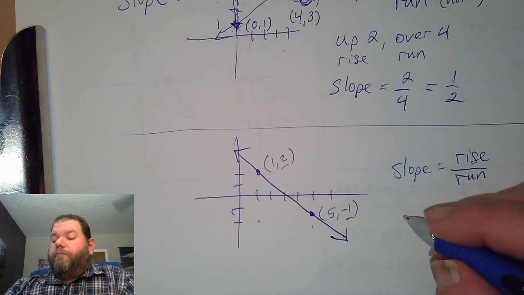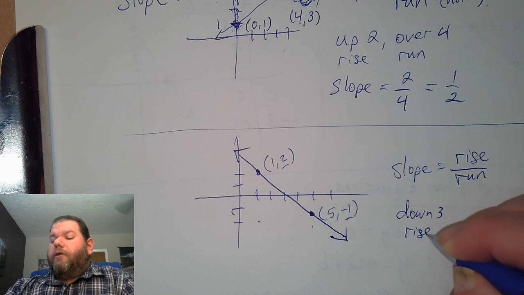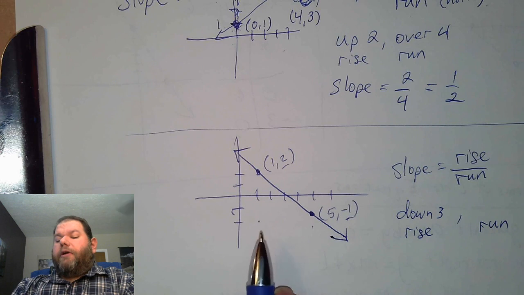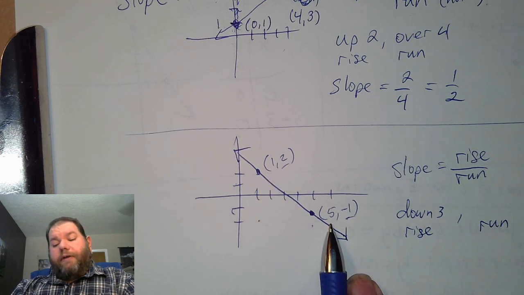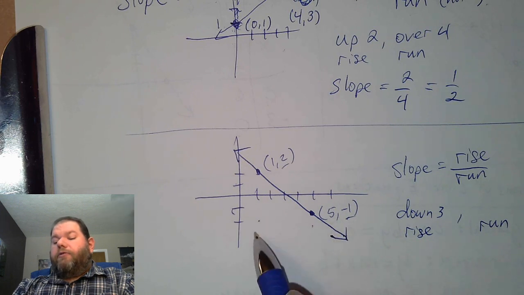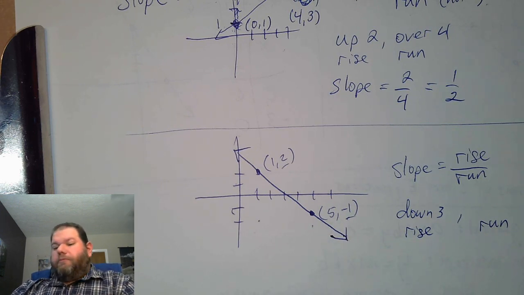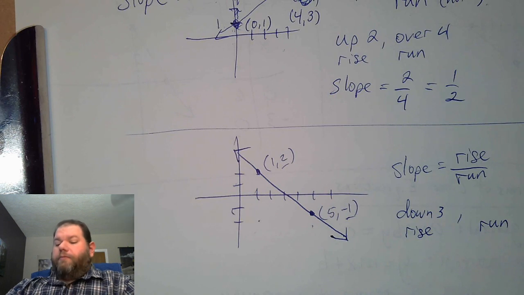Now, so we're going down 3. That's our rise. And our run, how far do we move to the right as we go from x equals 1 to x equals 5? What's our horizontal movement here? Four.